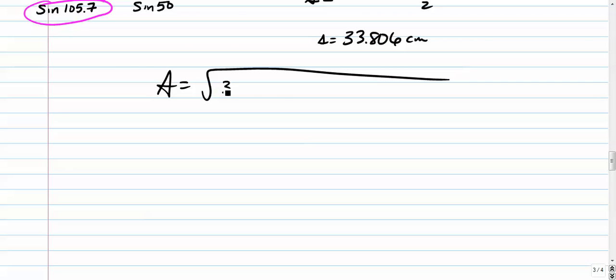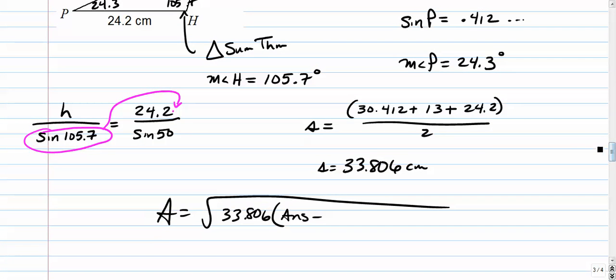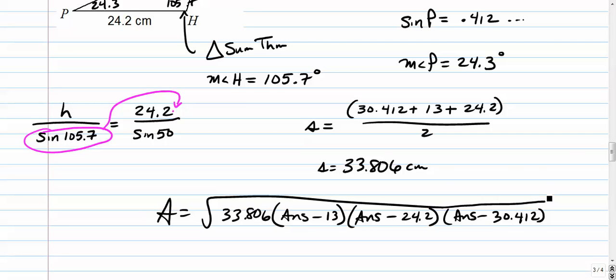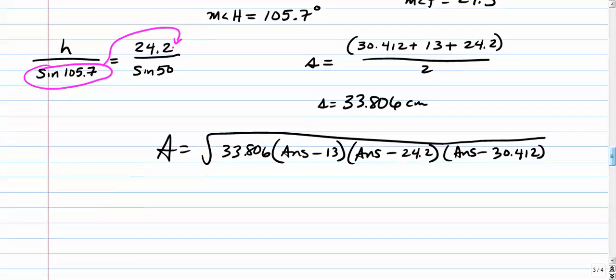Once we have S, now we're ready to actually use our Heron's. So we go 33.806, and I'll just write answer minus our three sides here. We have 13, answer minus 24.2, answer minus the third side, which was 30.412. That was H. So we typed this all in at once.